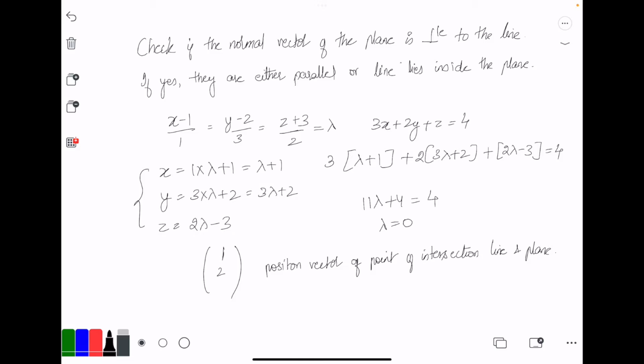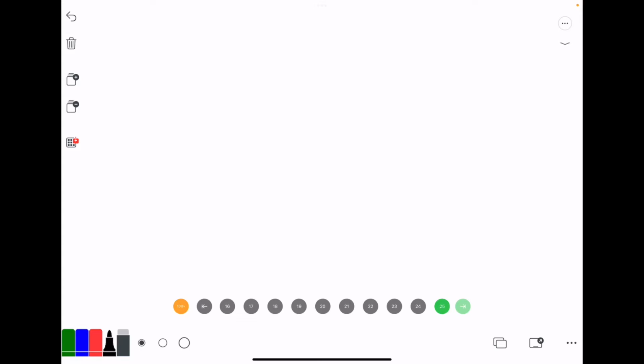We get 1, 2 and minus 3. So that's how we obtain the point of intersection between a line and a plane which are not parallel to each other.